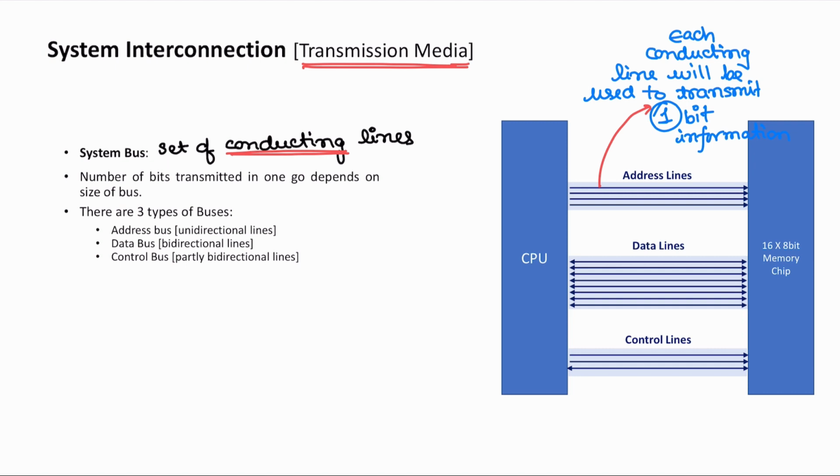One conducting line can send or receive one bit of information. This is one thing that we know.